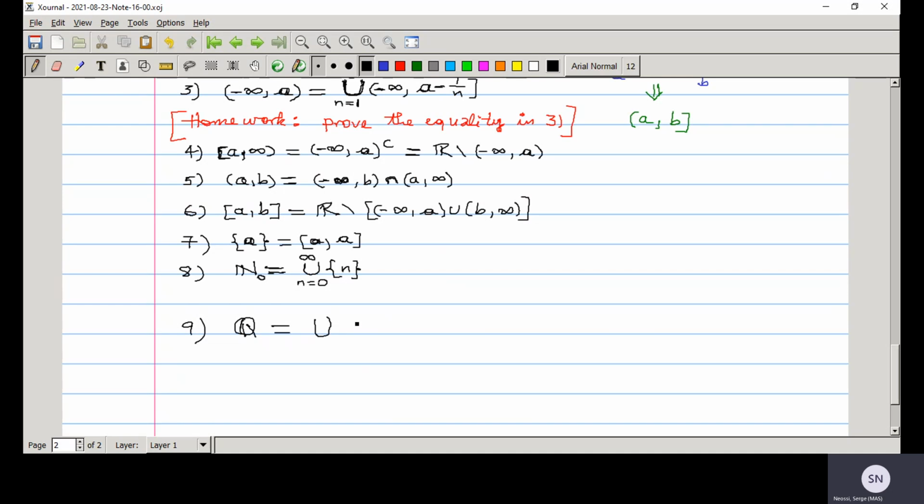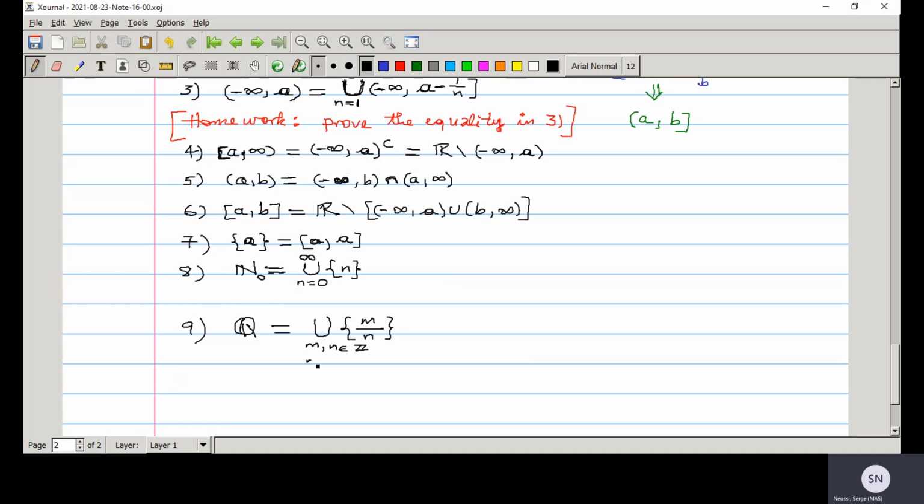This is the union where m and n are integers.